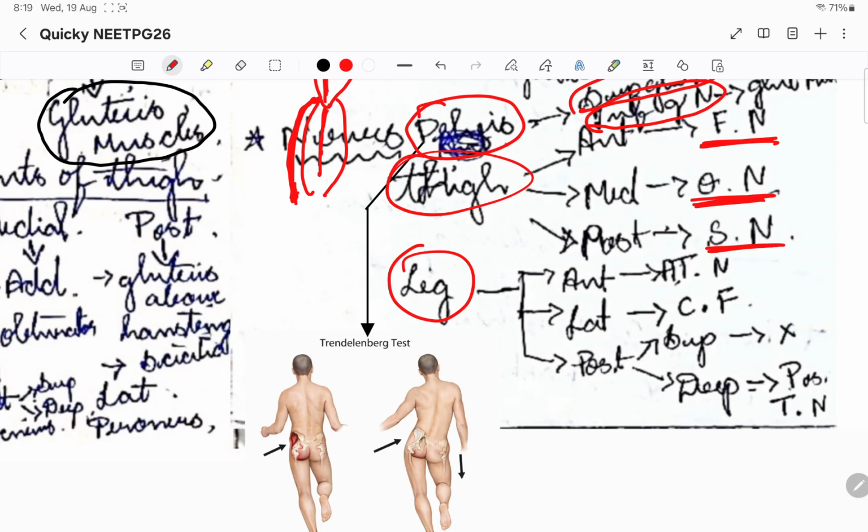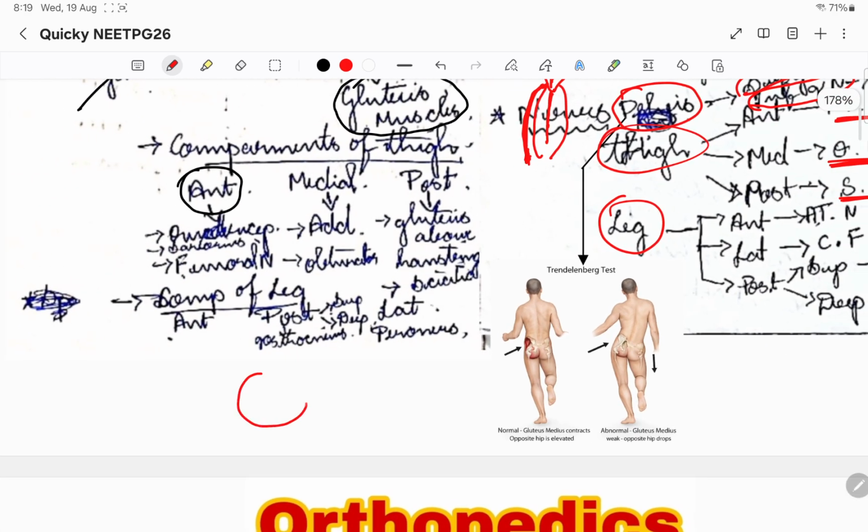And then coming to the posterior compartment, in the leg we have the posterior compartment, the anterior compartment, and the lateral.